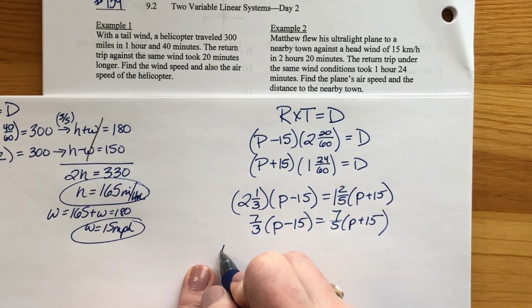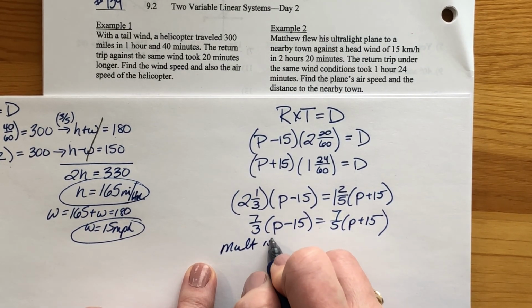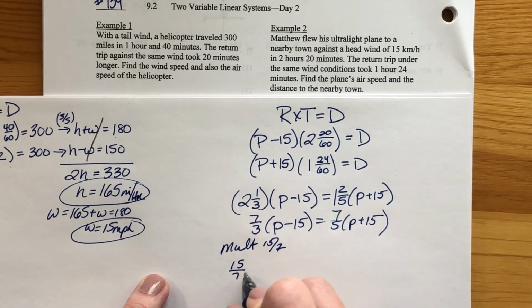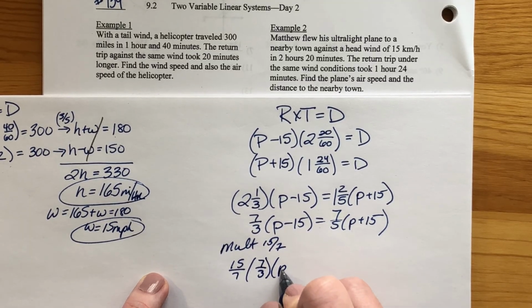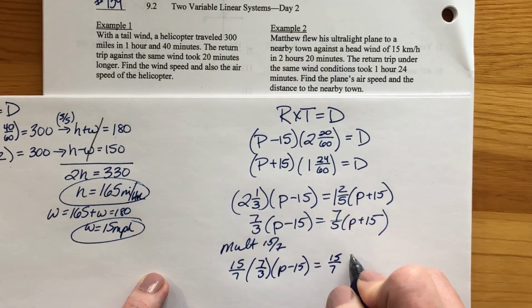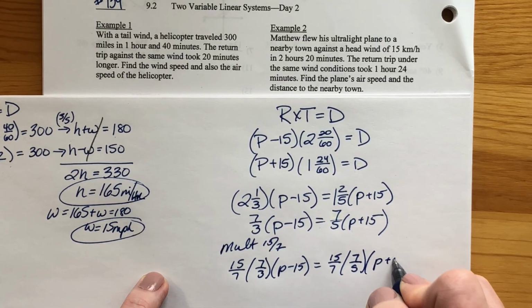So let's multiply everything through by 15 over 7. I'd have 15 over 7 times 7/3 times P minus 15 equals 15 over 7 times 7/5 times P plus 15.